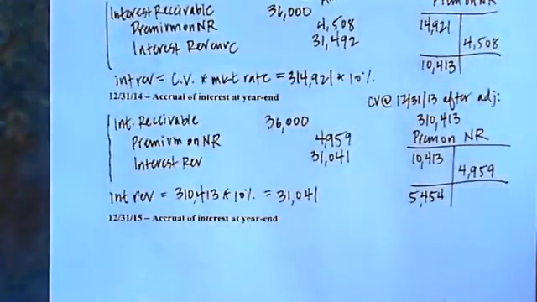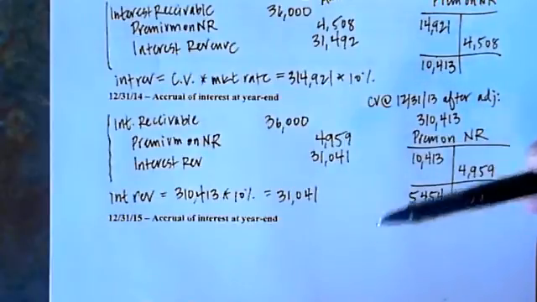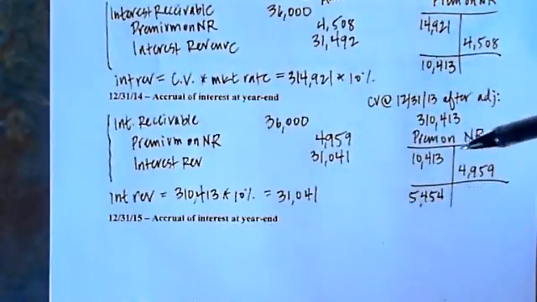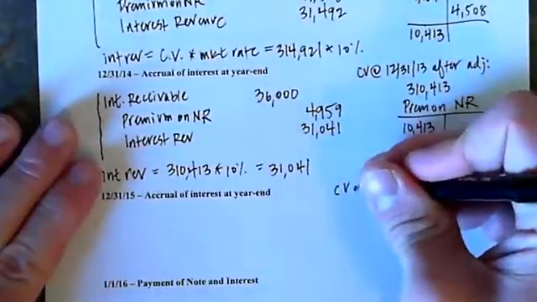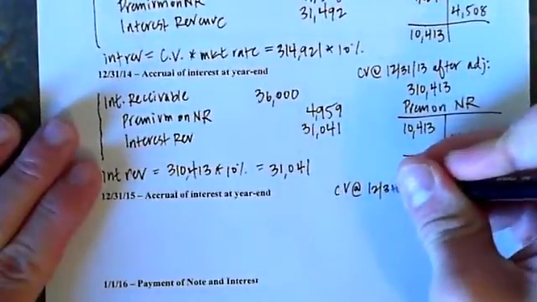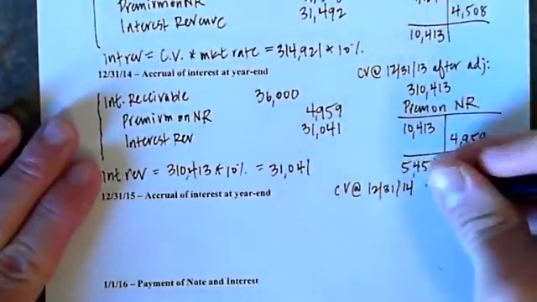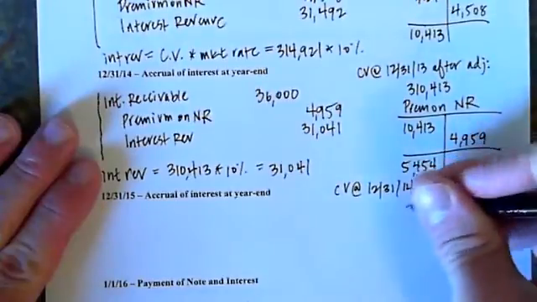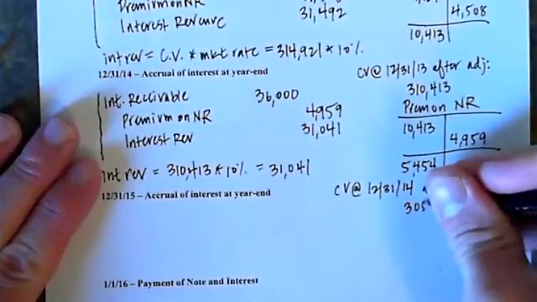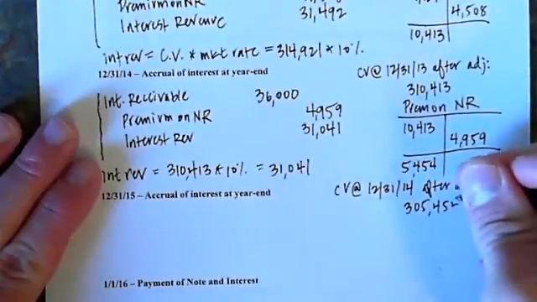Now, what you're going to see is that in this final entry, if everything has been done correctly, the premium on NR account will be zeroed out with this last accrual of interest, which is what we want. At maturity, any premium or any discount will be fully amortized. Remember that the carrying value at the end of the year after adjustment is going to change, $305,454.